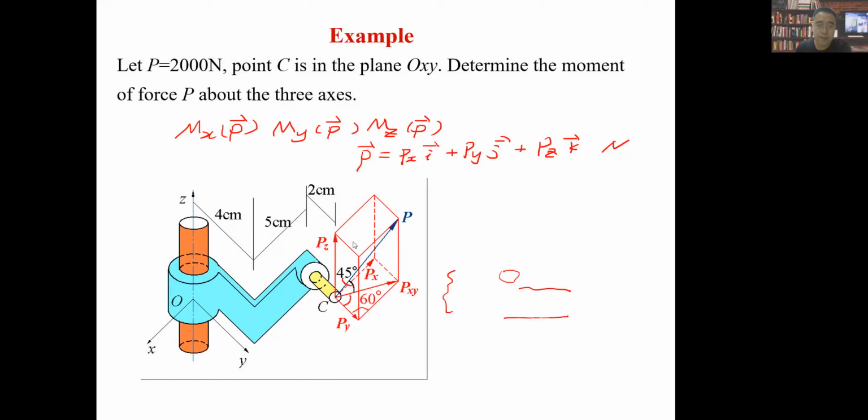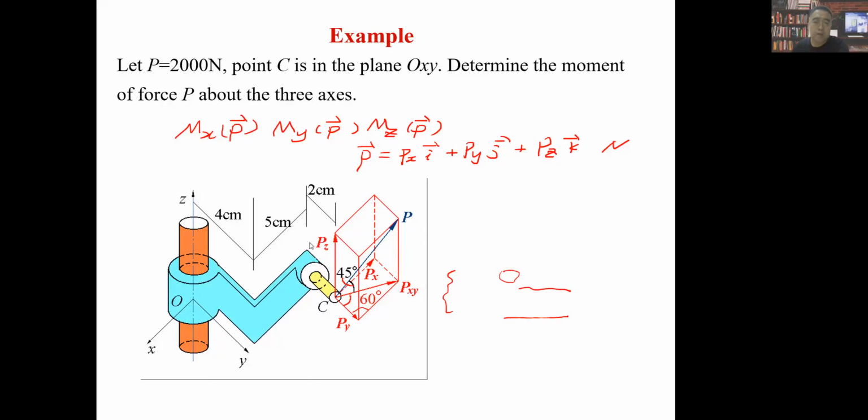If we try to find the moment of force P about axis Z, first we find the plane perpendicular to this axis Z. Second, we project force P onto this plane. Then we have a projection force Pxy, right here.